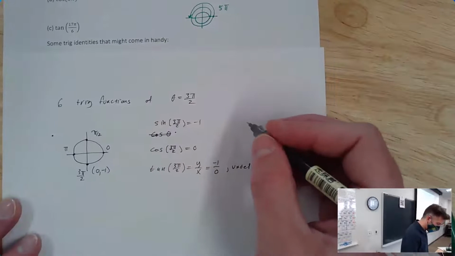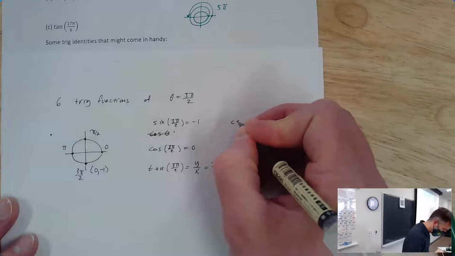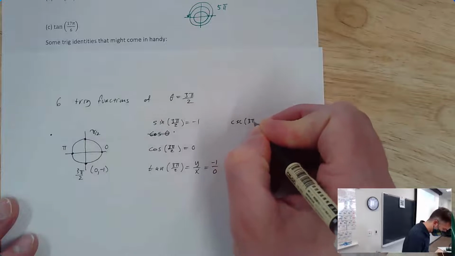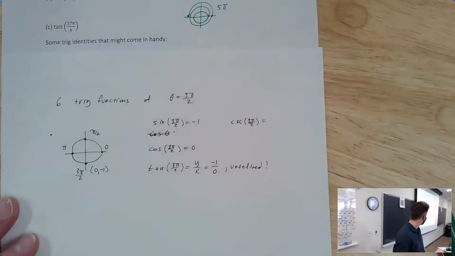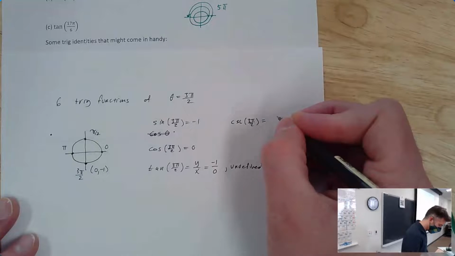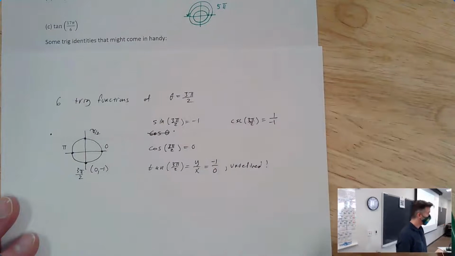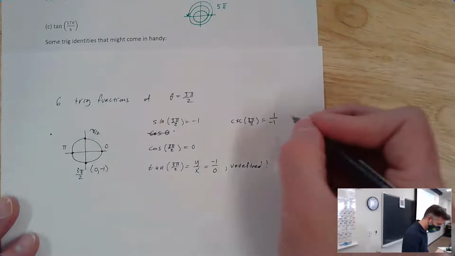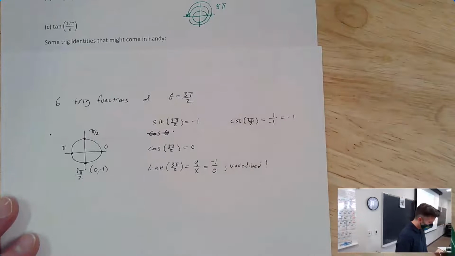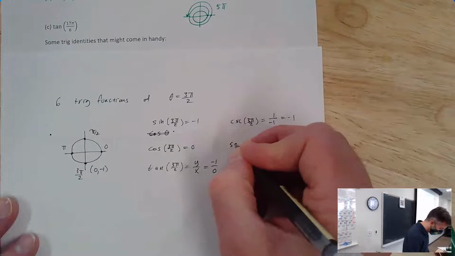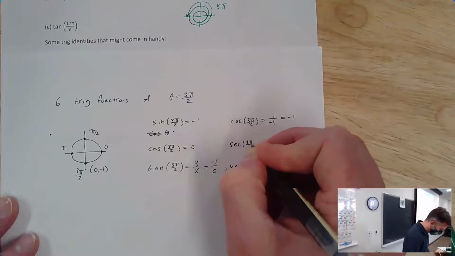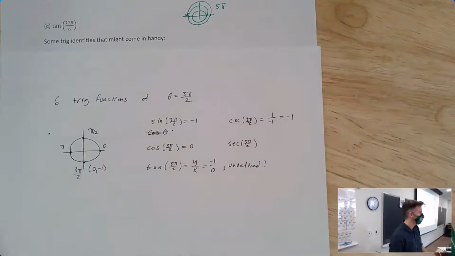Let's talk about the reciprocal functions. What should cosecant of 3 pi over 2 equal? 1 over, right, because cosecant is the reciprocal of sine, 1 over -1, which is -1. All right, what's secant of 3 pi over 2 going to be? Well, not quite. 1 over 0, which is undefined.